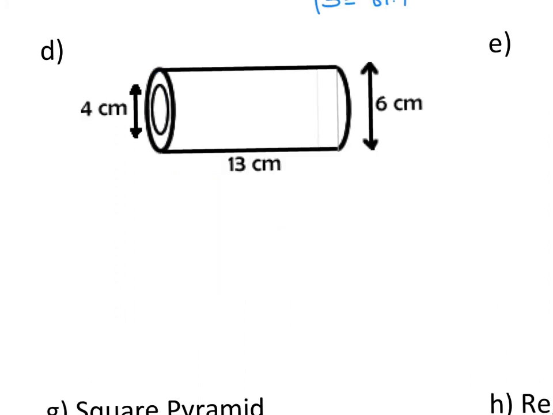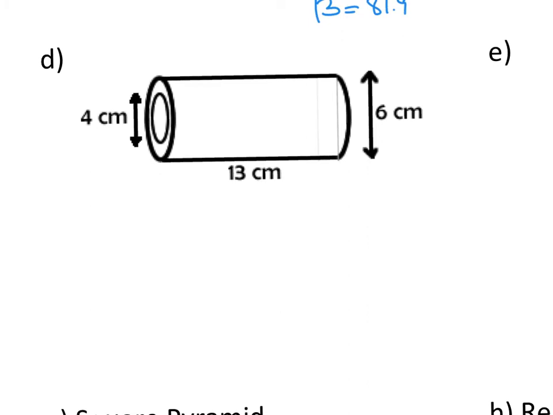Again, in this next one, we have to be careful because we're given diameters. So we'll do the large cylinder, take away the hole. So the large cylinder would be pi times 3 squared as the area of the base times the depth of 13.